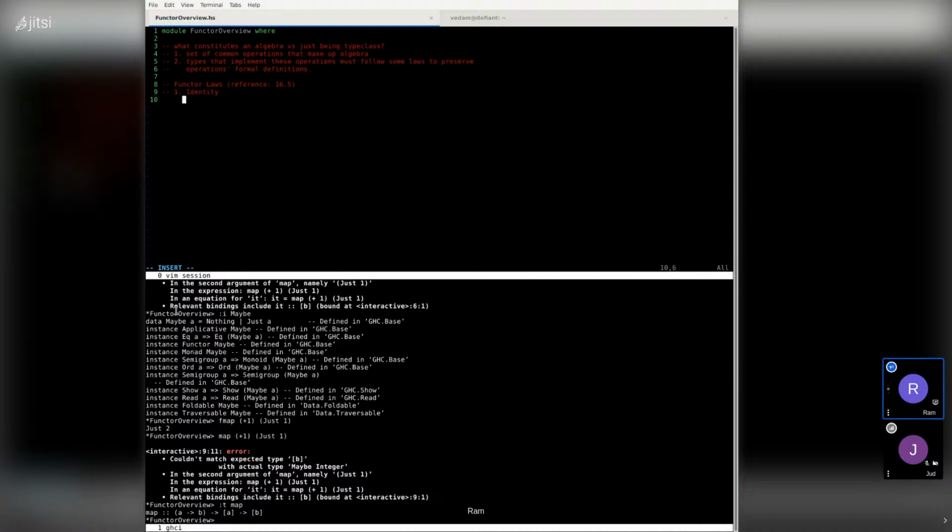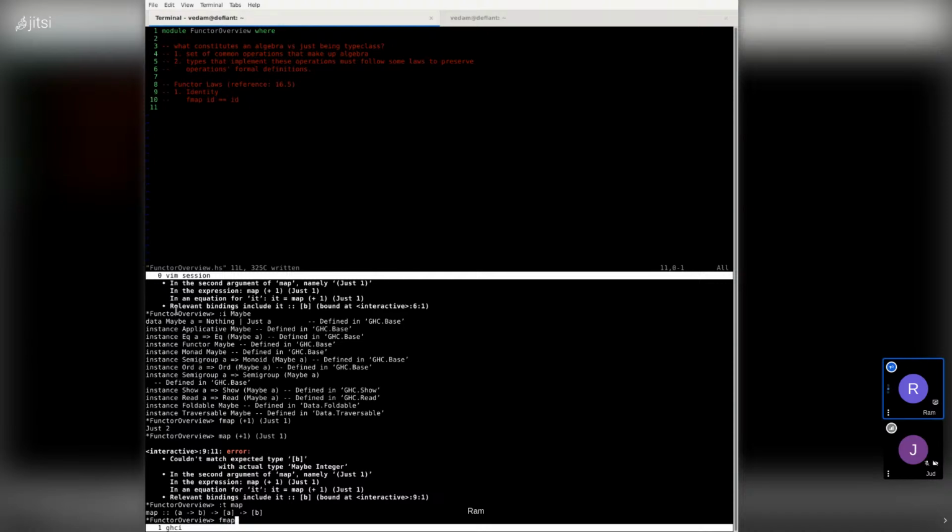Basically, the idea is if you fmap id on some structure, whether it be a list or container or Maybe type or whatever, it's going to be the same as passing it directly to the identity function. It will not change the underlying type. It will not change the underlying structure. It will not change anything.